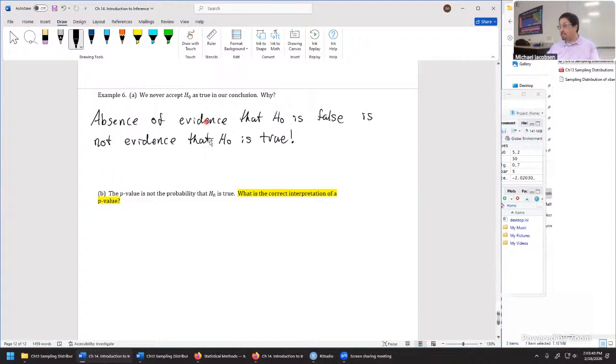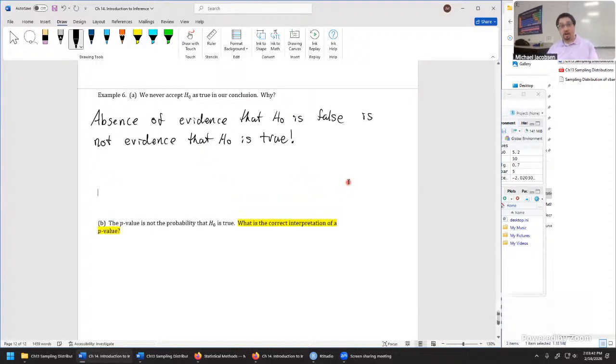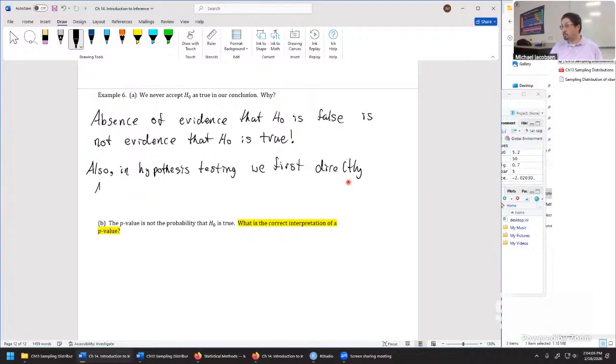And another way to think about this, if you like this circular logic analogy: in hypothesis testing, we first directly assume H naught is true.